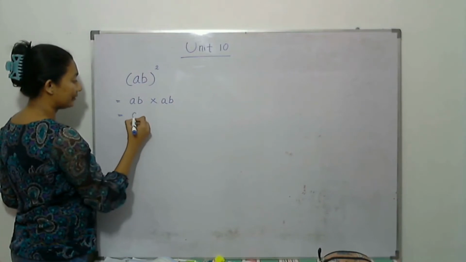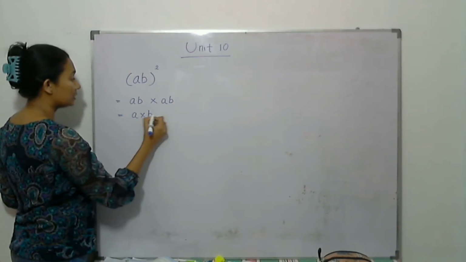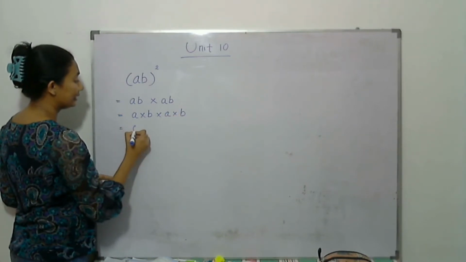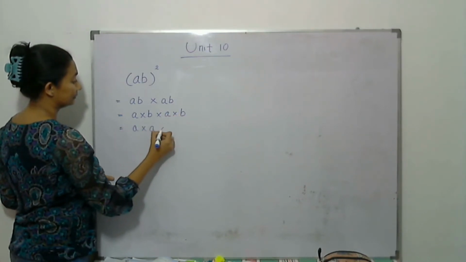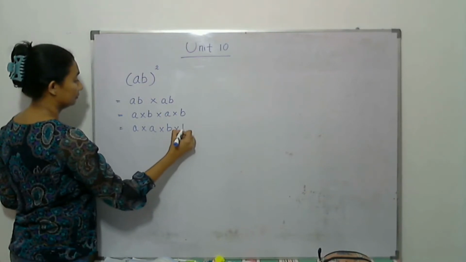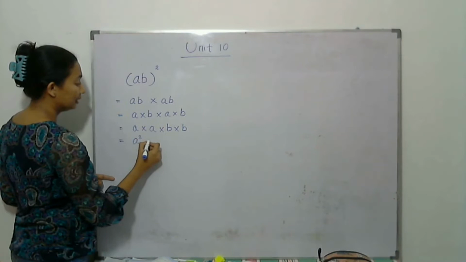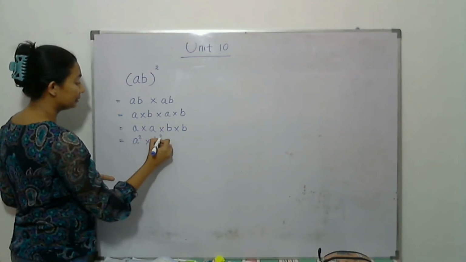Then again, I have to expand this one. A into B, A into B. Then the like terms together. Then A to the power 2 into B to the power 2.